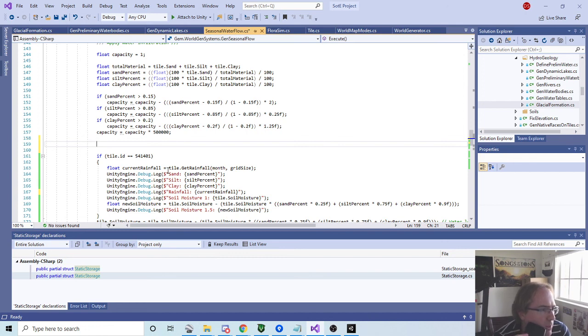Yeah, I'll fix that, Cal. It was originally because the float hadn't been cast to a float, because sand, silt, and clay are shorts, if I recall.